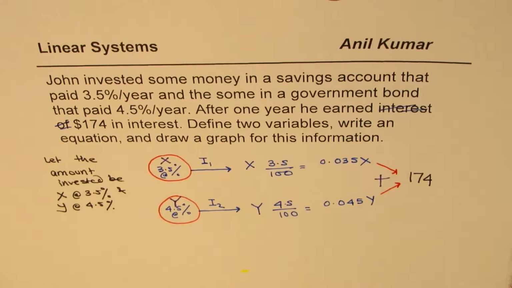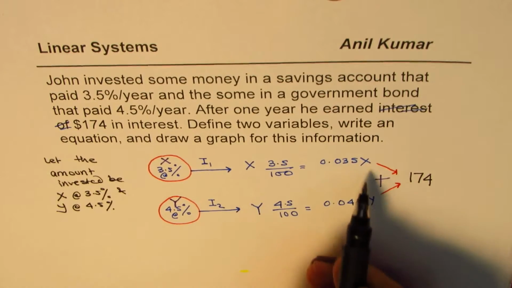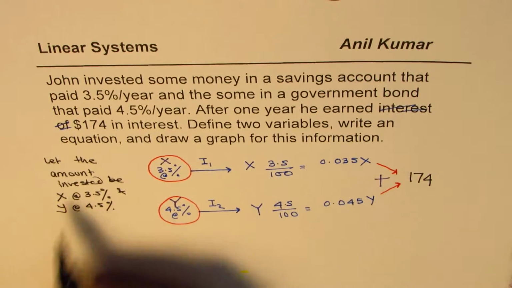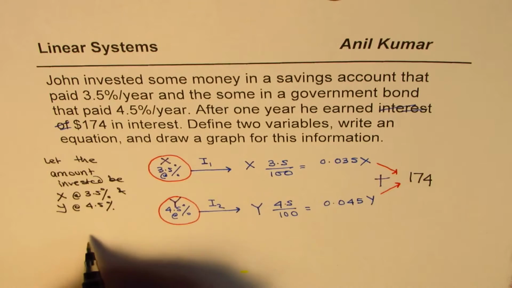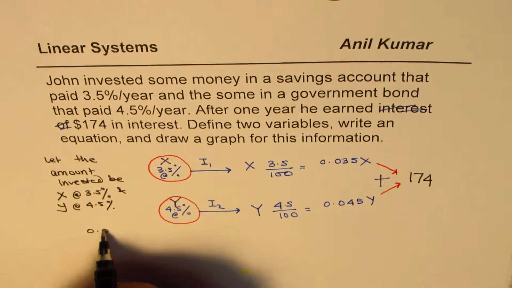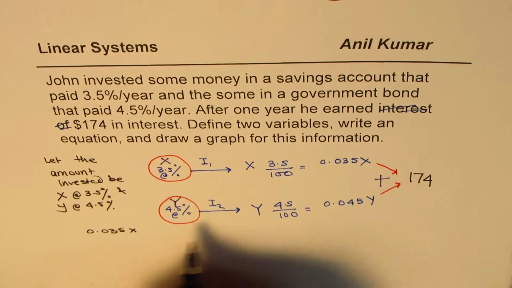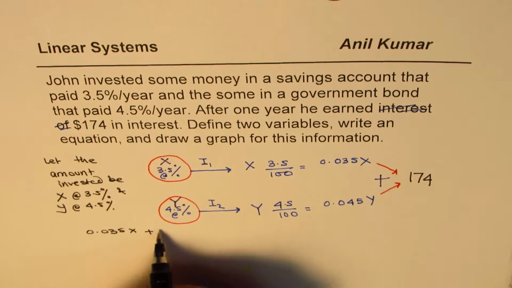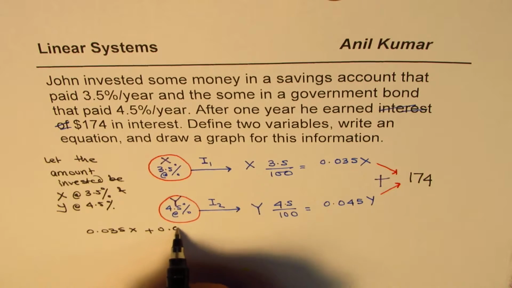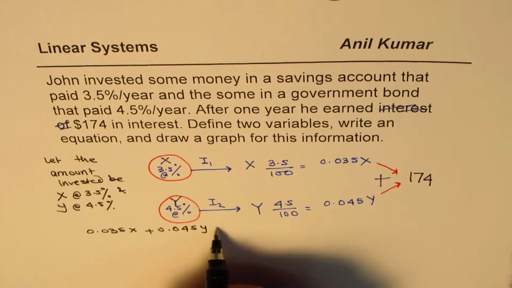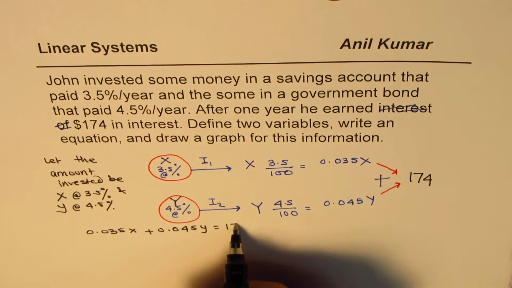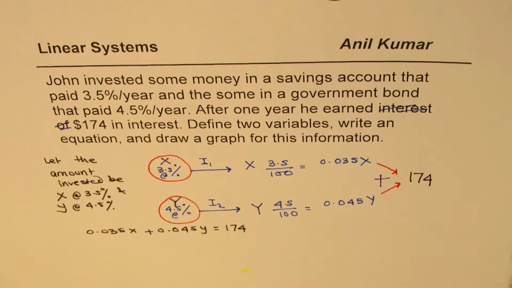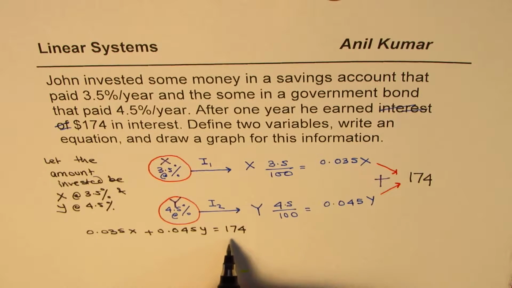So these are the two variables. And as you can see, we can form an equation using these variables. The equation is 0.035x plus 0.045y equals $174. So we have an equation here.